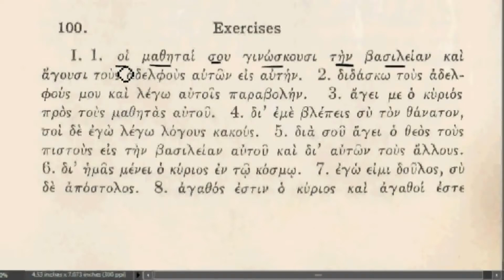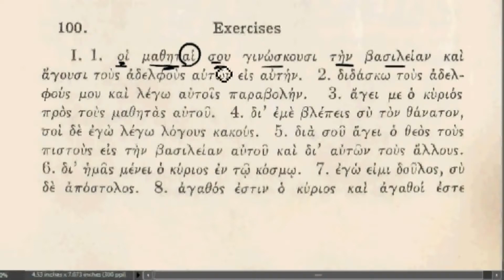Hoi, we are pretty familiar with this, is the nominative, plural, masculine of the definite article. It goes with this first declension noun, mathetai, so even though the hoi is second declension, mathetai is a masculine noun of the first declension, the disciples. The new piece of information we run into now is sou.